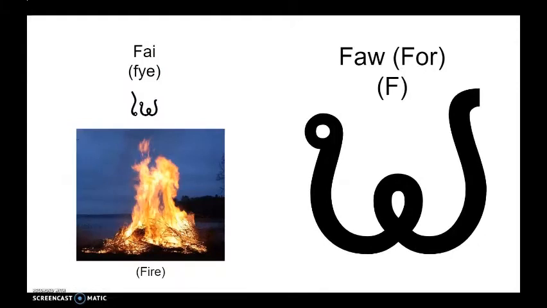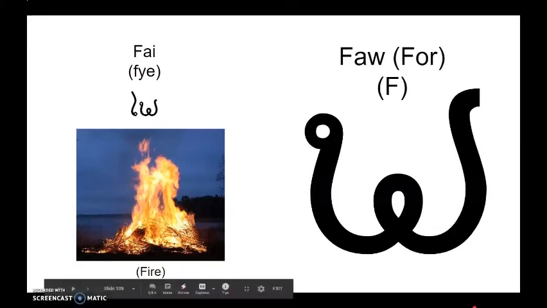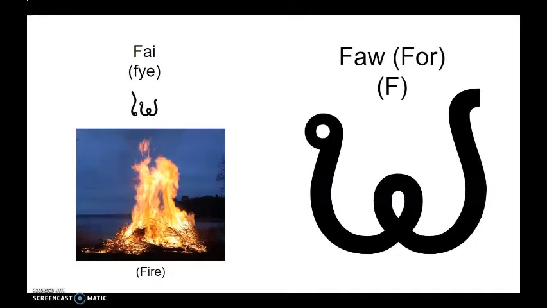The next letter is another fa. If you notice, there are 2 letters that represent the P sound and 2 letters that represent the F sound. This is the second of the F's. Fa, same name, same sound.